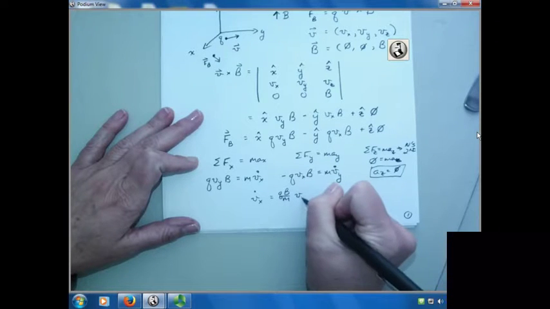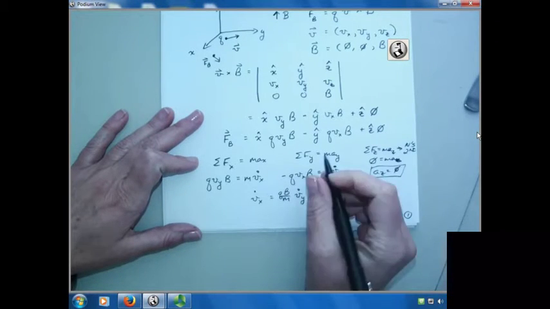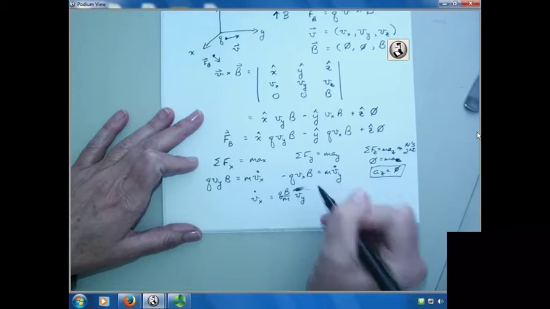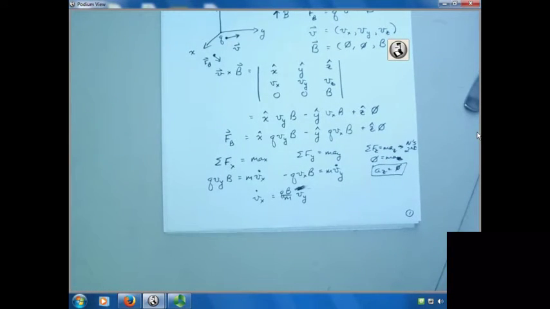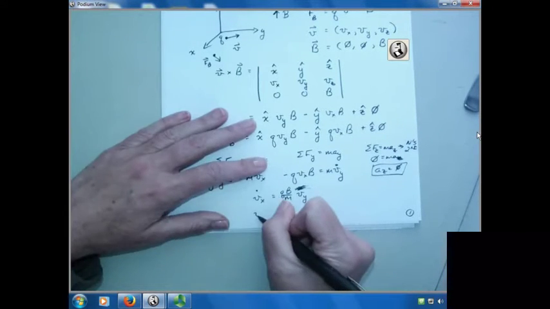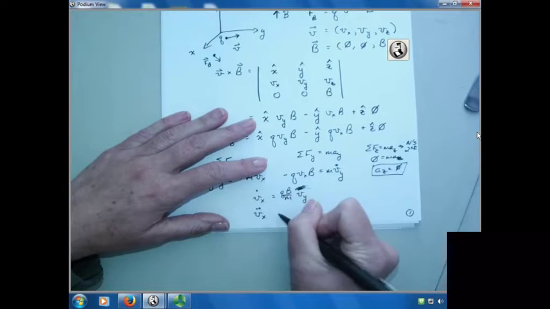I'm sorry, there's no dot on that. We'll just pretend that says Vy. Are you guys okay with that? And then what I'm going to do is, since these two functions are equal, the time derivative of the left-hand side will be equal to the time derivative of the right-hand side. And I get Vx double dot is equal to QB over M Vy dot.